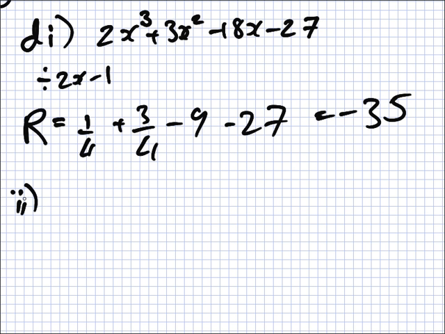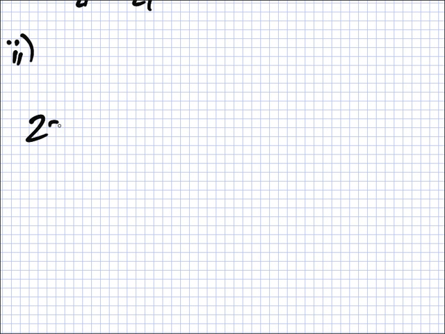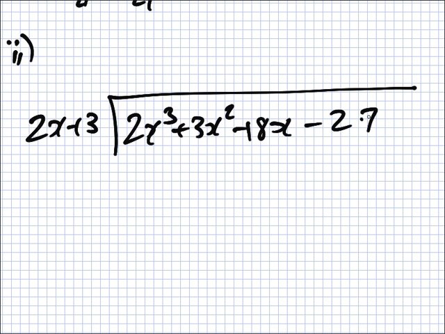Now the next part is a long division. That is 2 marks. 2x plus 3 divided into 2x cubed plus 3x squared minus 18x minus 27. So that's x squared, 2x cubed plus 3x squared.